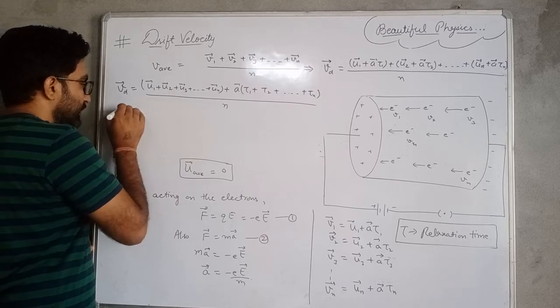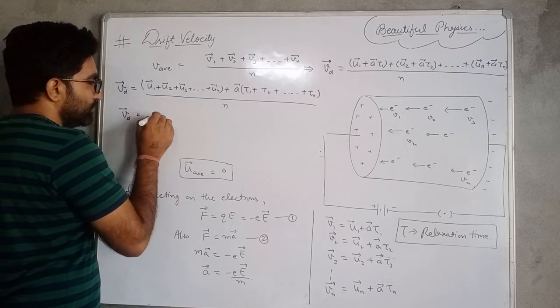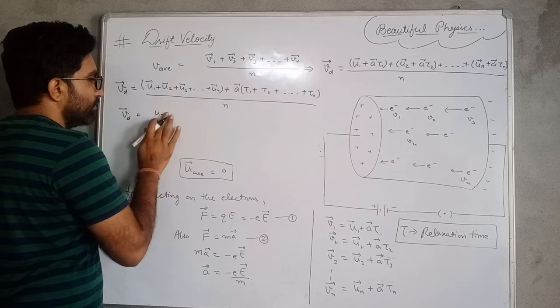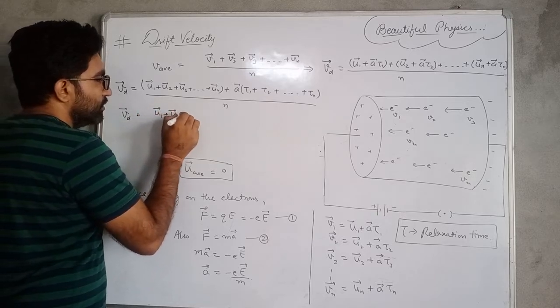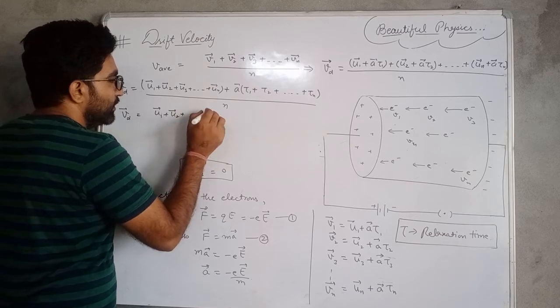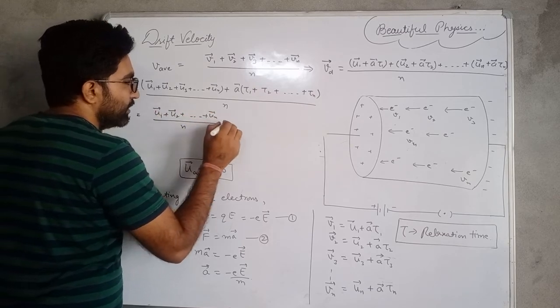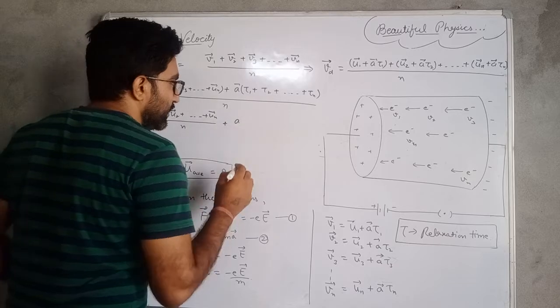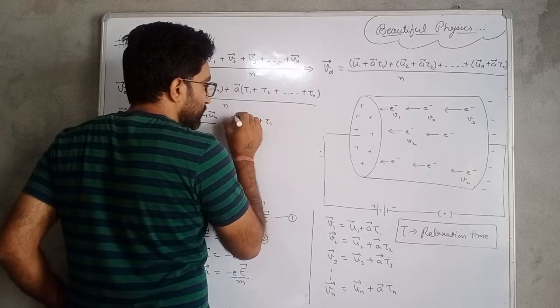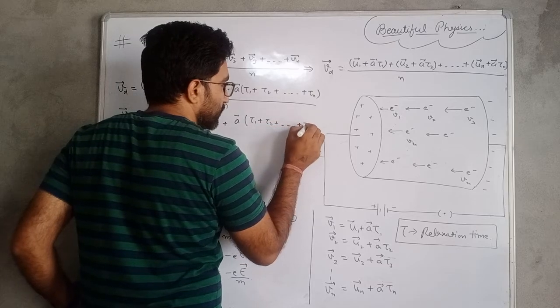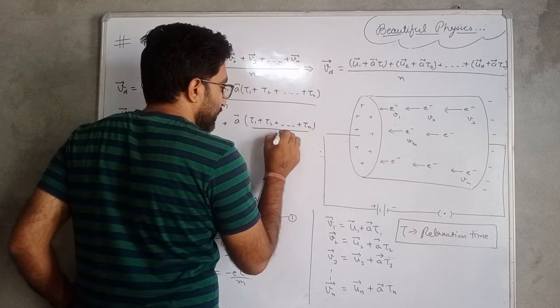Then Vd will be equal to u1 plus u2 plus up to un divided by n, plus a into tau 1 plus tau 2 plus up to tau n divided by n.